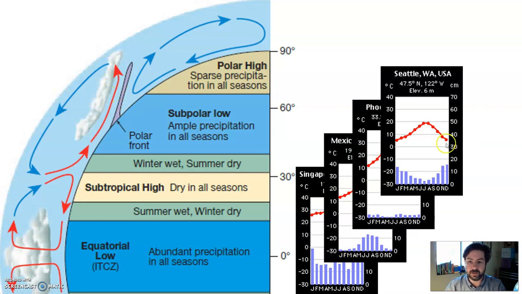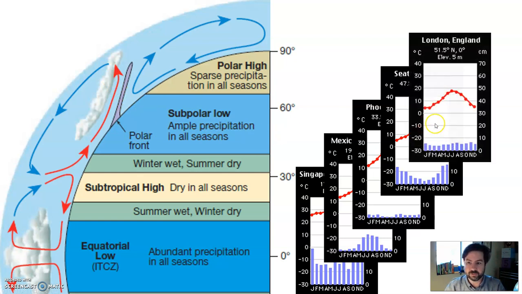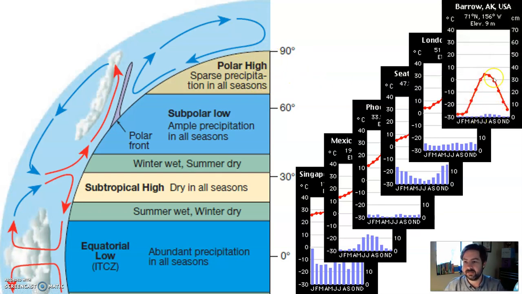So we should see a bigger temperature range and ample precipitation. Bigger temperature range, decent, not a lot, but decent precipitation throughout the year. England. What about up in the polar high? High pressure because cold air is descending, pushing back down, applying pressure to the Earth. Sparse precipitation in all seasons. Bigger temperature range. Now we're looking all the way up in Alaska.